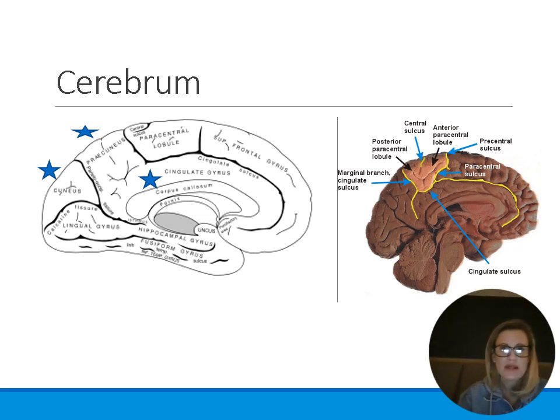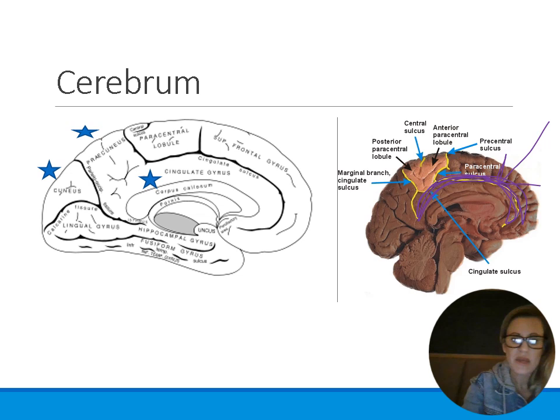Okay, so here we can see this. We're looking at the medial aspect of the cerebrum. First off, this yellow line right here, going like this, that's the cingulate sulcus, which means the raised area right below it, between the corpus callosum and that cingulate sulcus, that's the cingulate gyrus.